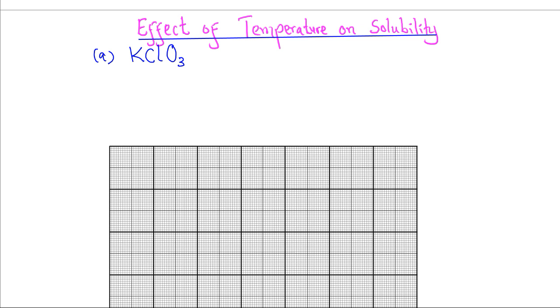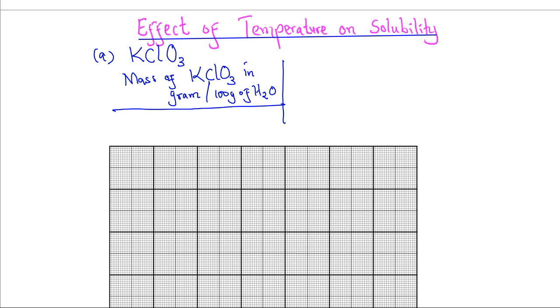We want to use data of temperature and solubility, that is the mass of potassium chlorate in grams per 100 grams of water.